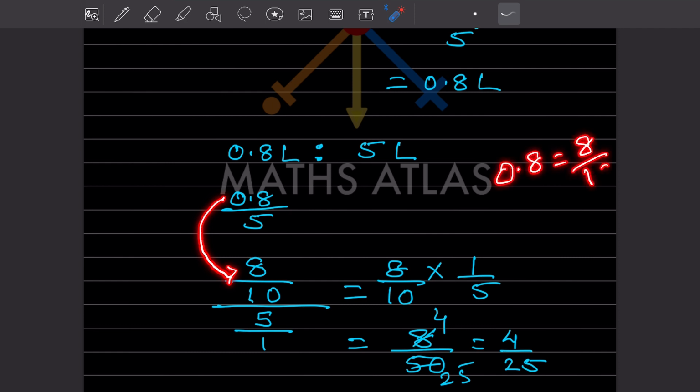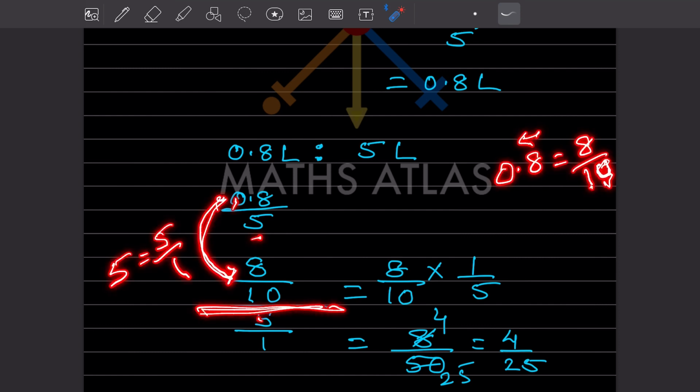Why? Because after one number there is the decimal, so you are going to divide by 10 because it has got only 1 zero. Hope you got it. This 8 by 10 is for this one, 0.8. And 5, when we write 5, that is nothing but 5 by 1. So this is the middle line. So this is 5 by 1.